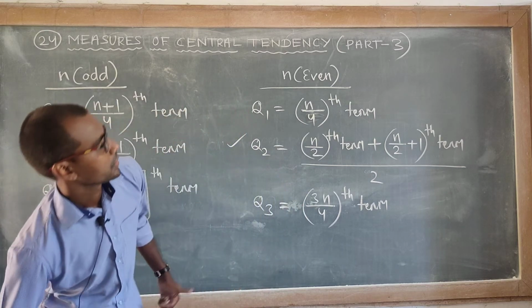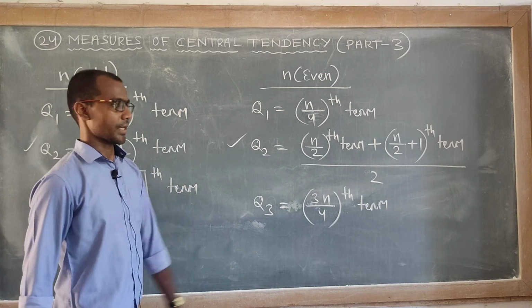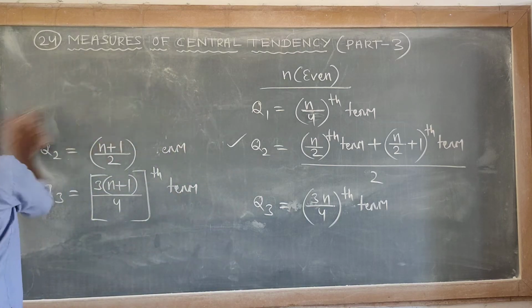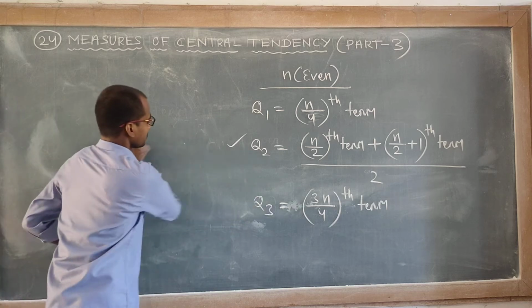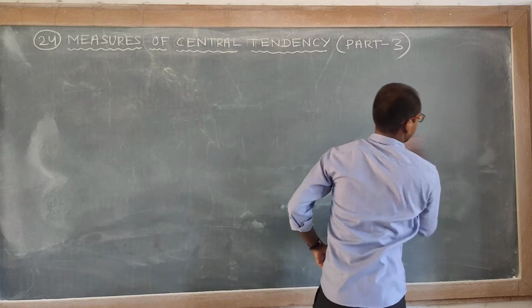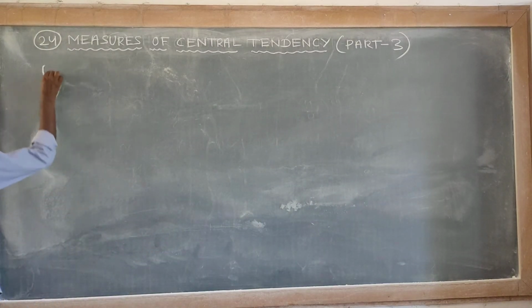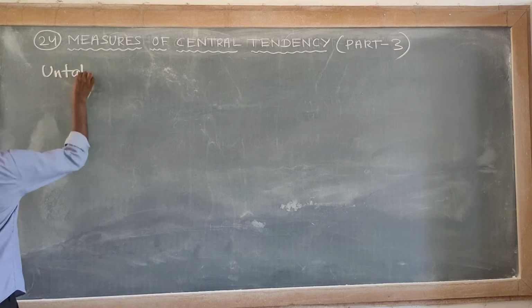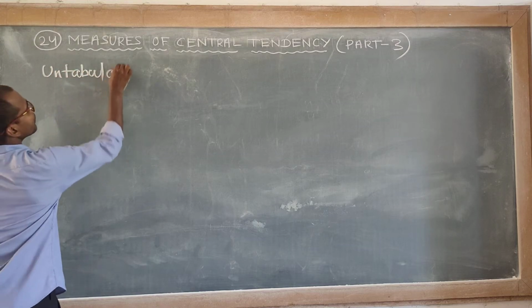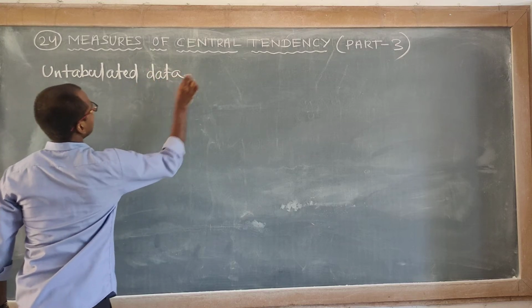Now let us take an example of untabulated data, then we will go for ungrouped data. First is untabulated data.